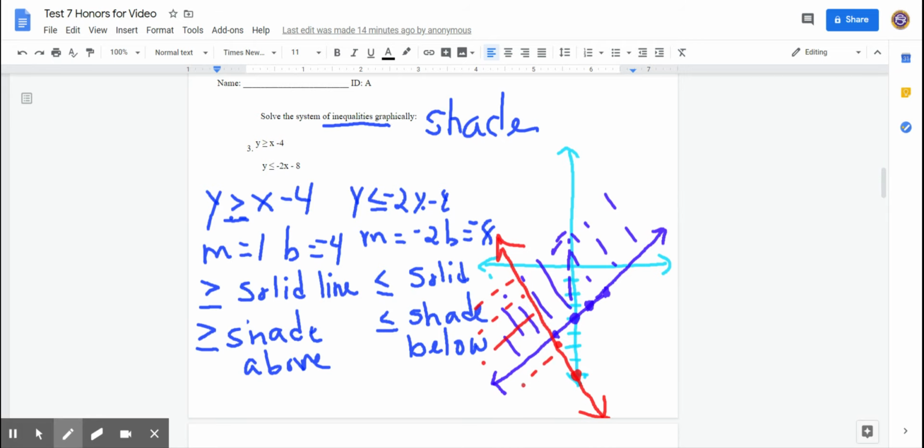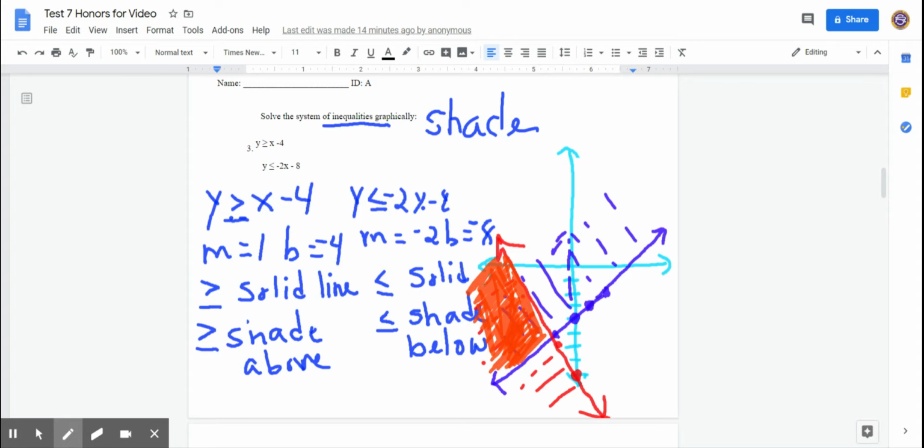Well, you can see where the purple and the red lines overlap. The purple and the red lines overlap right in here. So you're going to shade that area in so that you know those are the points that are the solution to the problem, the inequality.